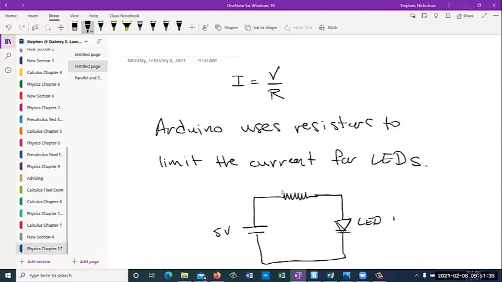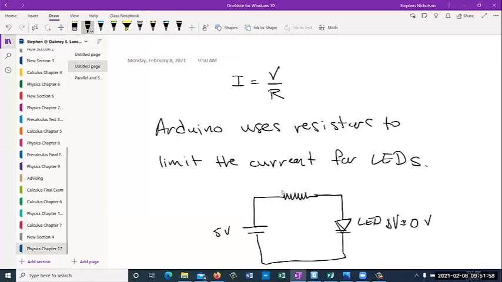Okay, so we're going to put a resistor in there, and we're going to assume that the voltage drop across the LED is going to be 0 for right now. Let's have all the voltage drop across the resistor, just to give us a limiting idea here, so we can use just 5 volts. So what is the value of the resistor that we use? Does anybody remember?